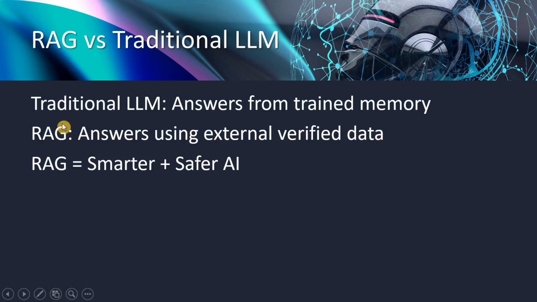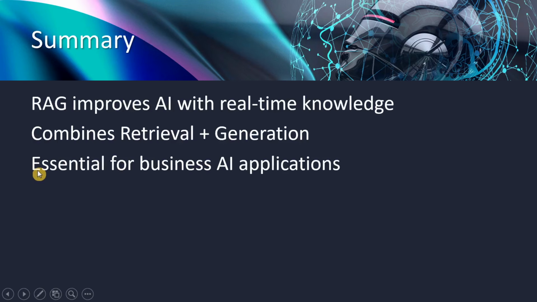Okay, so an LLM with RAG will be able to generate a more accurate response, because it has access to the internal database. So RAG is kind of smarter plus safer AI. If you want to implement AI in a safer or smarter way, then use RAG. Okay, smarter plus safer AI equals RAG.